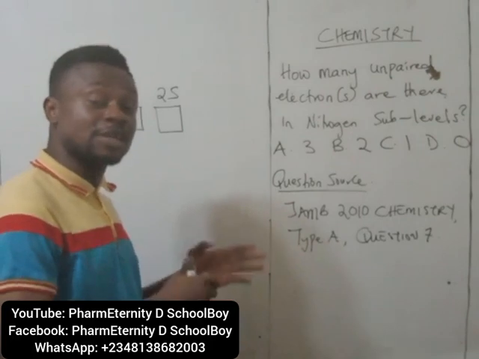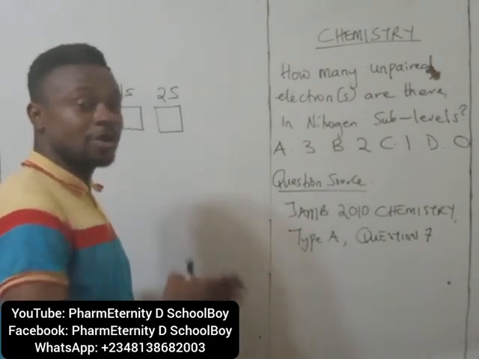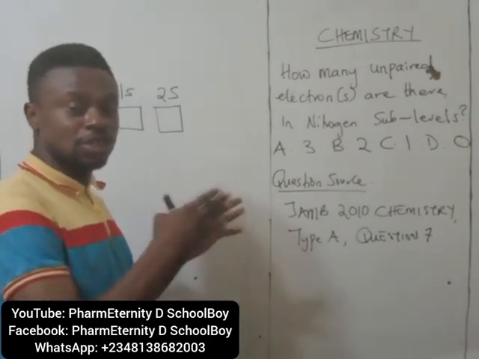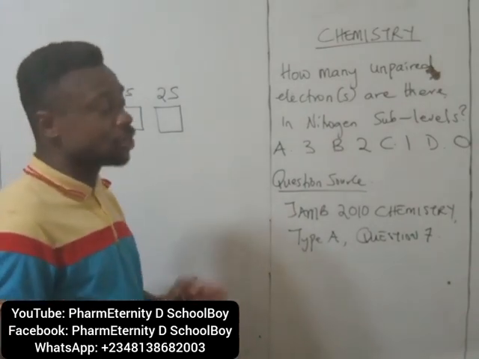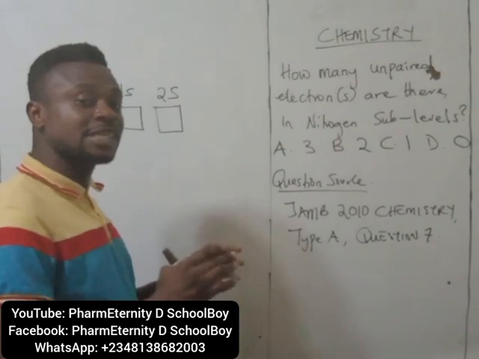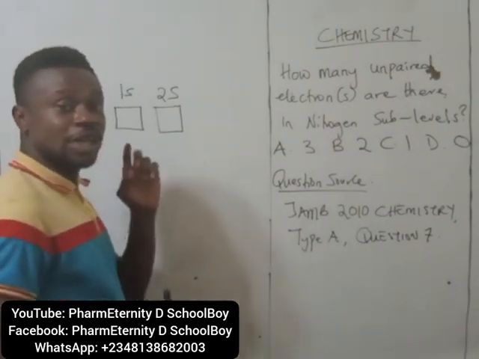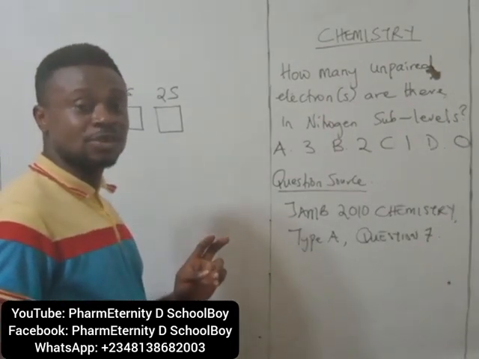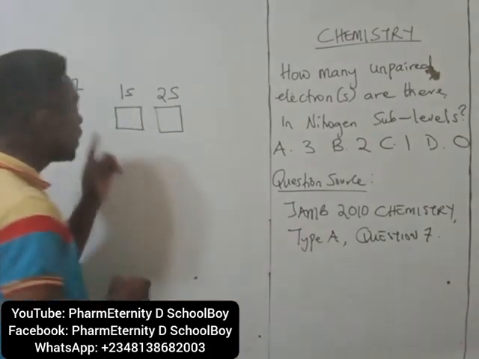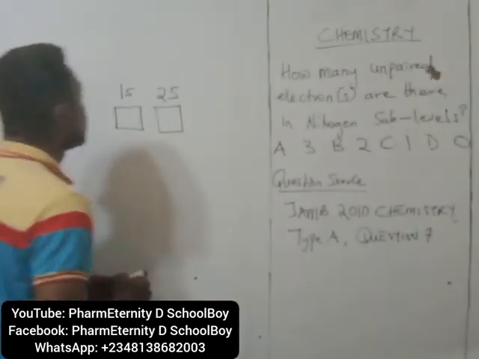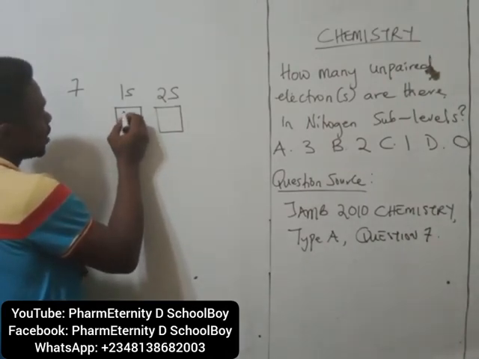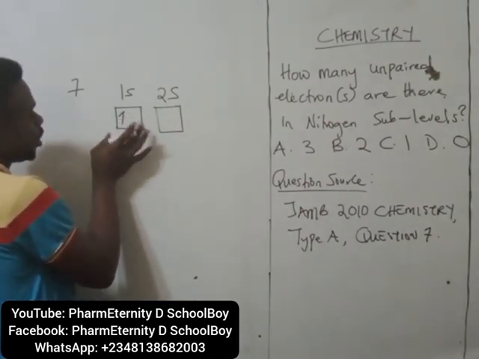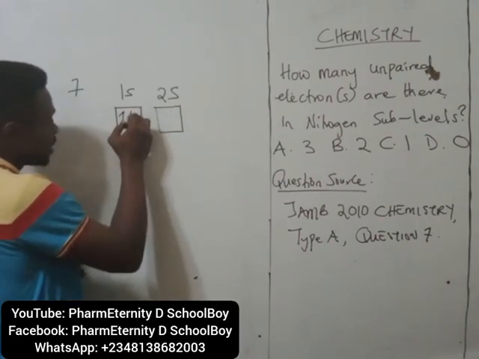Atomic number is actually the number of protons. But because an atom is neutral, the number of protons is equal to the number of electrons. So for nitrogen atom, the number of electrons there is also 7. So filling this now, you fill this first, you have singly, and you complete it.